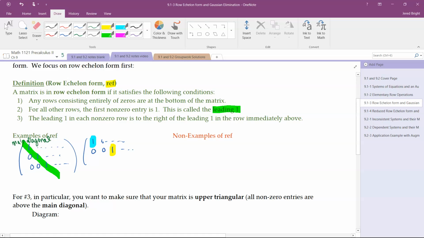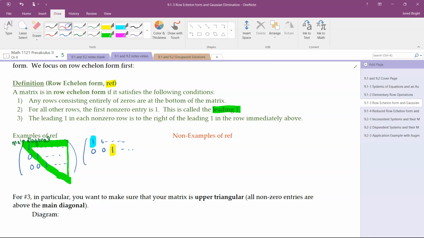But that main diagonal is mainly what we want to check. We want to make sure that it is 1, and everything above that main diagonal is non-zero, and that's what we call upper triangular form. You can see where that triangle comes from. So in that triangle, everything should be non-zero, if we have a main diagonal.